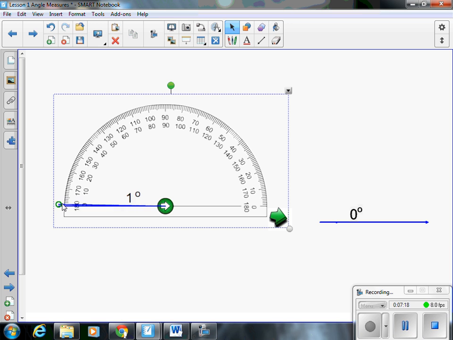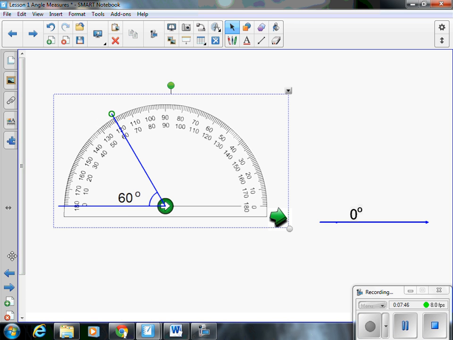So we always want to line up our bottom line with the 0 or 180 mark. And then the middle, the vertex, the corner of our angle is always going to be in the middle where that green triangle is. We want to line that up with the hole in our protractors. So I can move this around with my smartboard, and I can make an angle that is, let's say, 60 degrees.